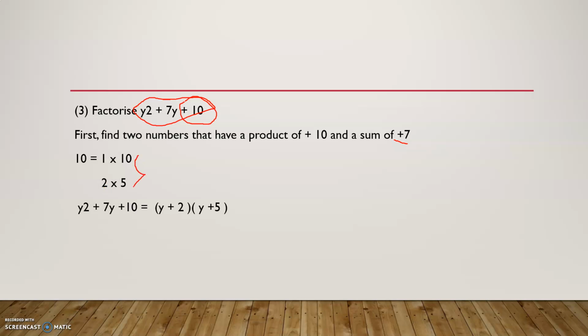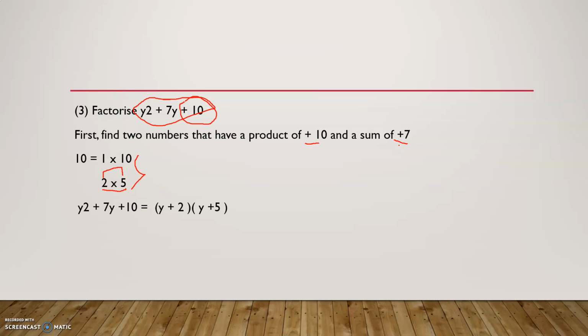These are the two factor pairs of 10. 1 times 10 would be 10, but it's not going to give me a positive 7. If we multiply 2 and 5 together, that will be positive 10, and if we add these two together, that will be positive 7.